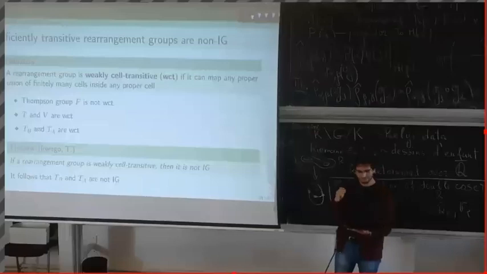And this definition is actually more natural than it might sound, because we found out that in this context of rearrangement groups, it is equivalent to other transitive properties that we find in the literature. For example, this is the same as saying that the group is flexible, which is another transitive property that essentially tells you that if you've got two closed sets whose interiors are disjoint, you can map one inside the other.